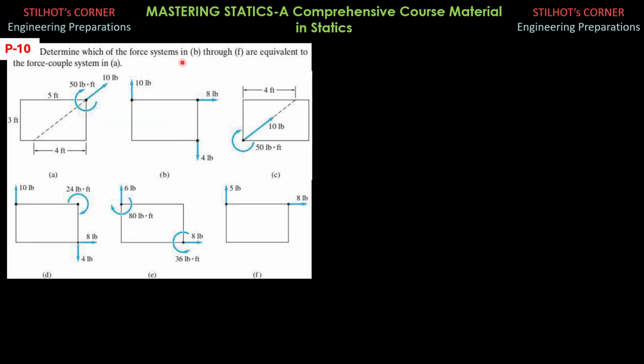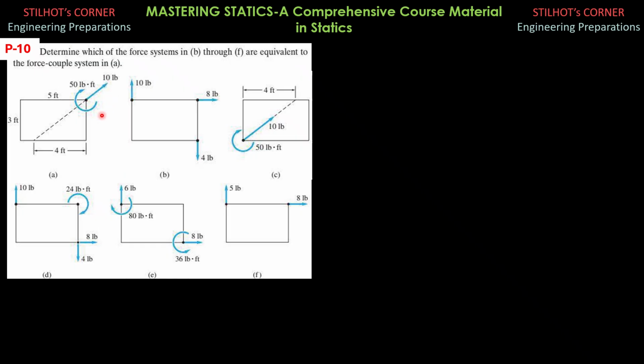Problem 10. Determine which of the four systems in B through F are equivalent to the force couple system in part A. This problem is taken from Pytel and Kiusalaas. In part A, the resultant force is better represented in vector form.